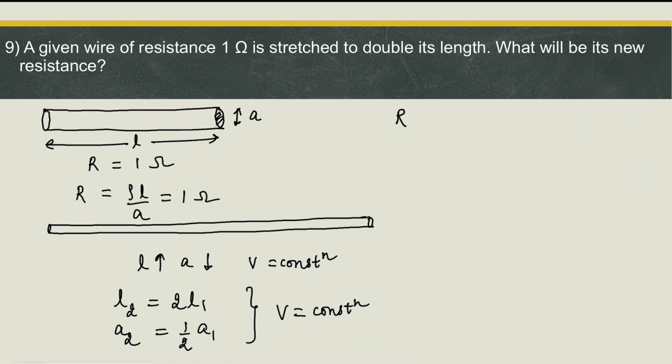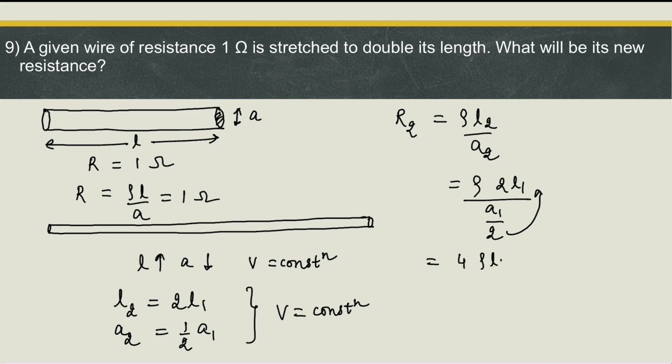So now R2 is rho L2 upon A2. L2 is 2L1 and A2 is A1 by 2. These 2 will go in numerator. So we can write it as 4 times rho L1 upon A1. Let me write initial length is L1, area is A1.